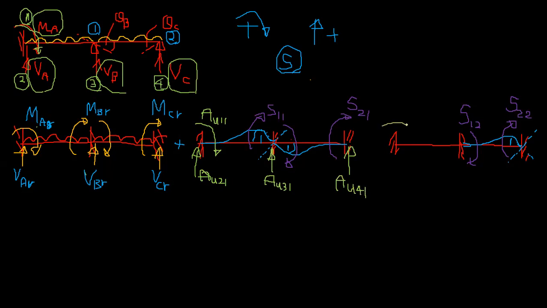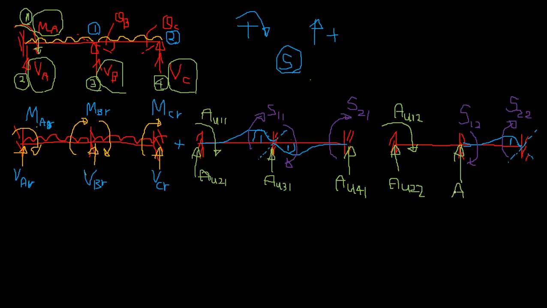So here you have AU1,2, here it is AU2,2, because this is the action coordinate, this is the redundant displacement coordinate.